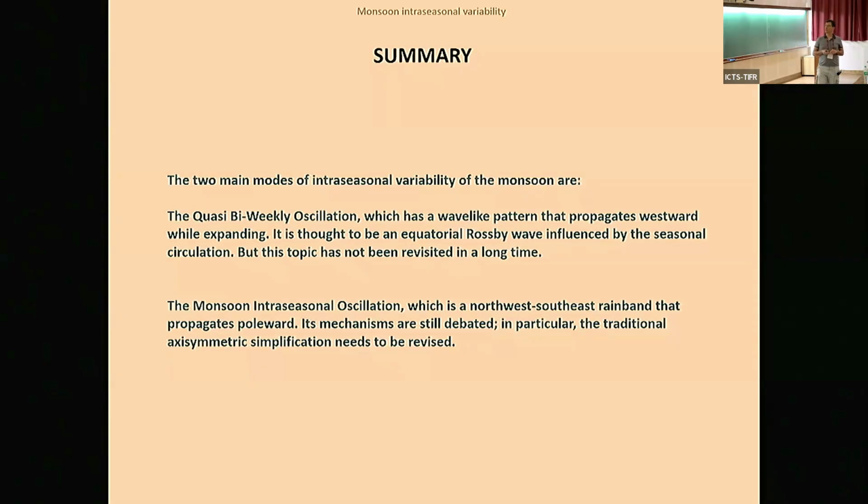We consider that our understanding of it is probably enough, but it's based on a model that uses a parameterization that we don't quite believe in anymore. And when it comes to the monsoon intraseasonal oscillation, I think there is still a lot of interest in the main mechanisms of that northward propagation. And lately, the main development has been going beyond the axisymmetric framework that was used before.